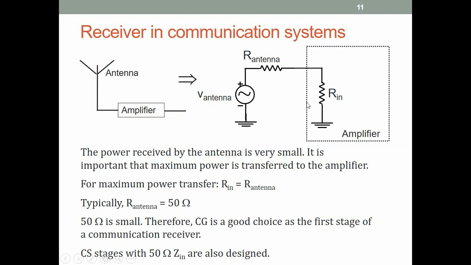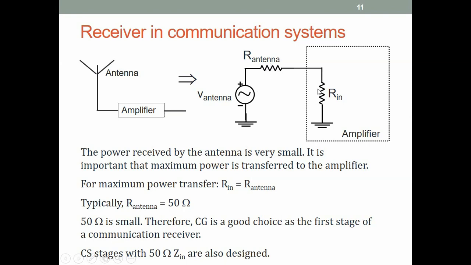And therefore, as you well know, for maximum power transfer to occur, Rin must be equal to R antenna. R antenna is really not in our hands. It is determined by the characteristics of the antenna, and it is typically of the order of 50 ohms, which I assume you also know.